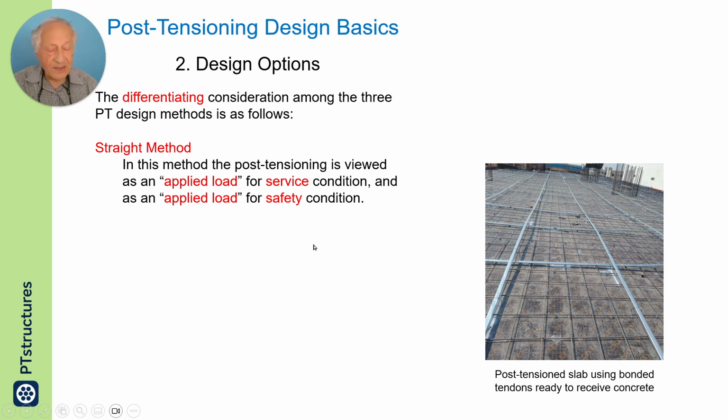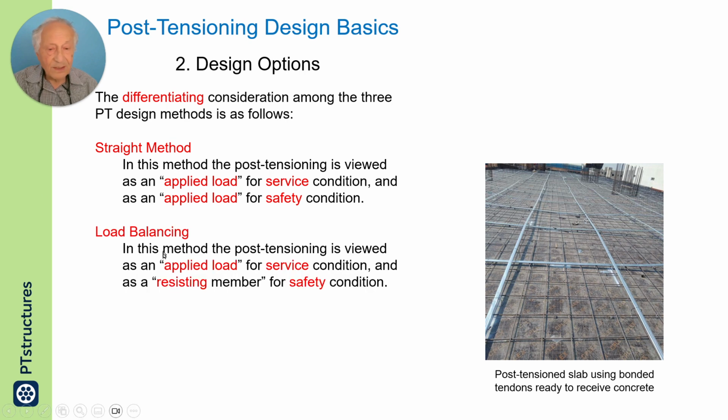You know, we have safety, serviceability, and initial condition. In load balancing, post-tensioning is viewed as an applied load to the structure for service condition design and as a resisting member for safety condition design. It differs in the way the post-tensioning is accounted for between the two methods.